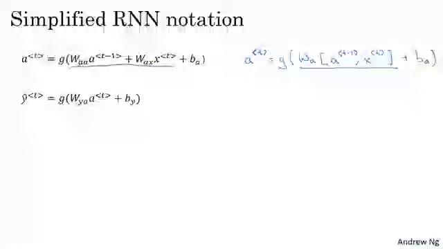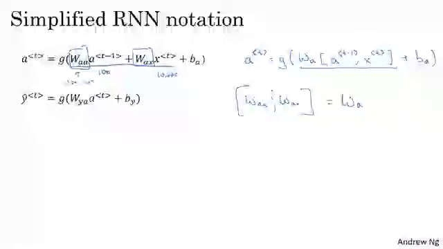So the way we define WA is we'll take this matrix WAA and this matrix WAX and put them side by side, kind of stack them horizontally as follows, and this will be the matrix WA. So for example, if A was 100-dimensional, and in our running example, X was 10,000-dimensional, then WAA would have been a 100 by 100 dimensional matrix, and WAX would have been a 100 by 10,000 dimensional matrix.